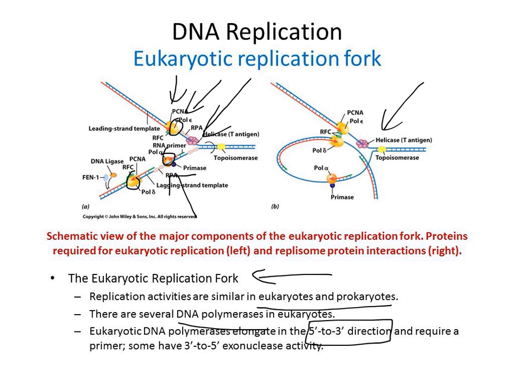These polymerases also work in a similar fashion. They only elongate in the 5' to 3' direction. They also require a primer, which we saw before with prokaryotic DNA polymerases. But some, however, have a 3' to 5' exonuclease activity for removal of RNA primers, allowing for new DNA and ligation of those primer regions, as well as involvement in DNA repair.